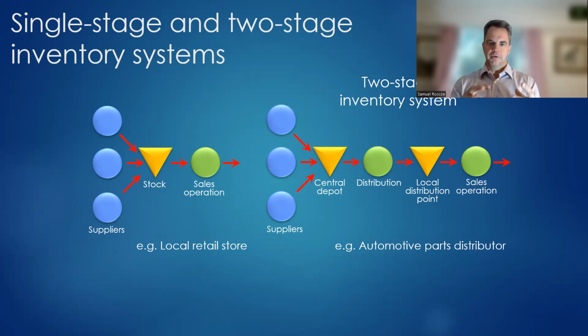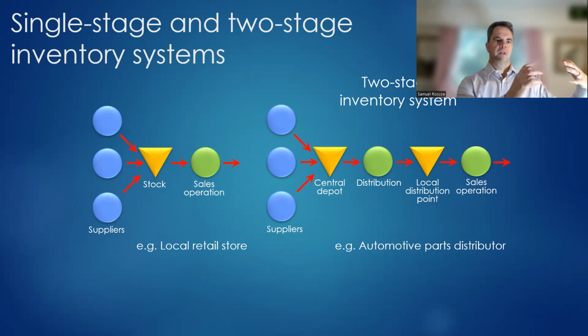And then that central depot would have a series of local distribution points, let's say outside of Vancouver, but it could also be northern British Columbia or all across Canada. And you have all of these local distribution points. At each point where you have a central depot as well as a distribution point, you're holding inventory in all of those areas. And by doing that, you begin to duplicate stock keeping units.